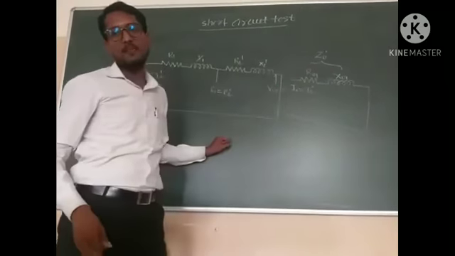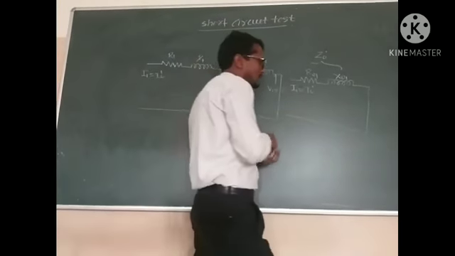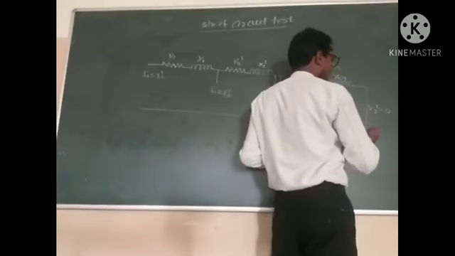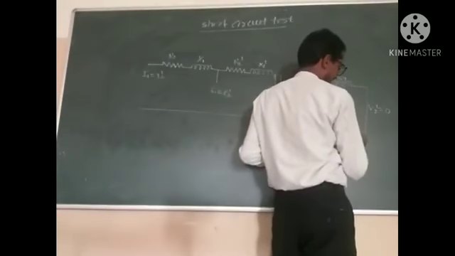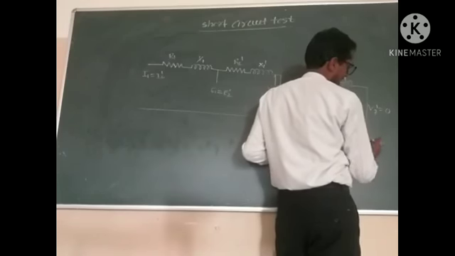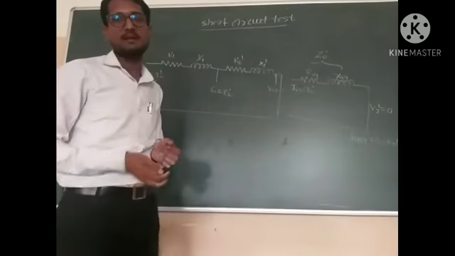And V2 dash equals 0 because this link is short circuited.